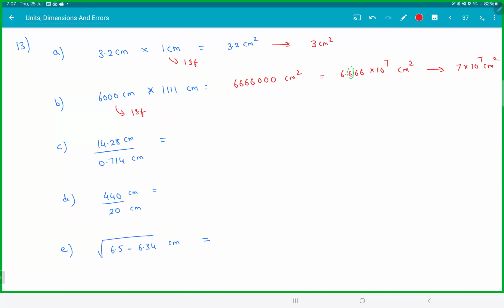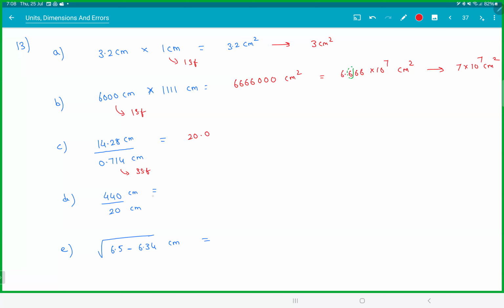This thing is 0.74, 20. This thing has 3 SF. So if you take 20.0, 20 will have only one SF. You need 3 SF, so 20.0 or 2.00 into 10 power 1.